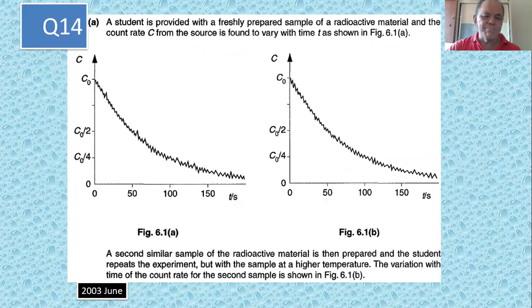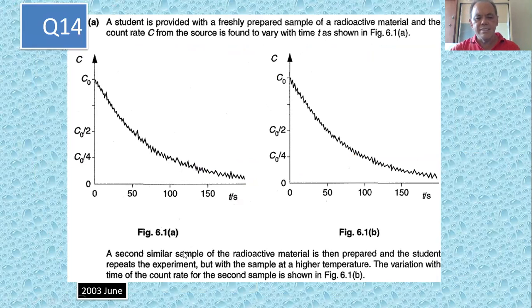Okay, this used to be in AS, but it has changed to A2 since 2016. A student is provided with a freshly prepared sample of radioactive material, and the count rate from the source is found to vary with time as shown in figure 6.1a. That's one.